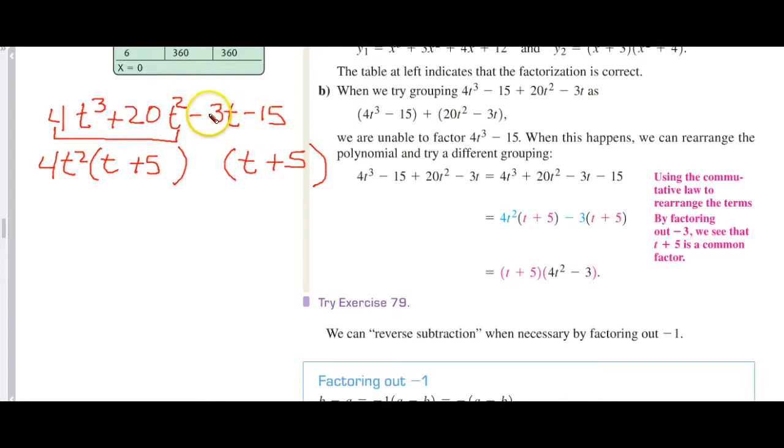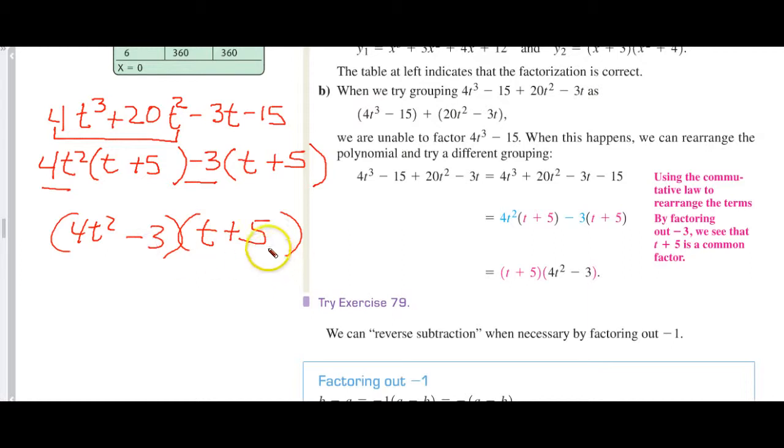Remember, we just had the technique of factoring out a negative something to change the signs. Well, I'm going to factor out a negative 3. So now I would take this term and this term, I'd put this one, the way I do it, t plus 5, and then my 4t squared minus 3. And they get the same thing over there.